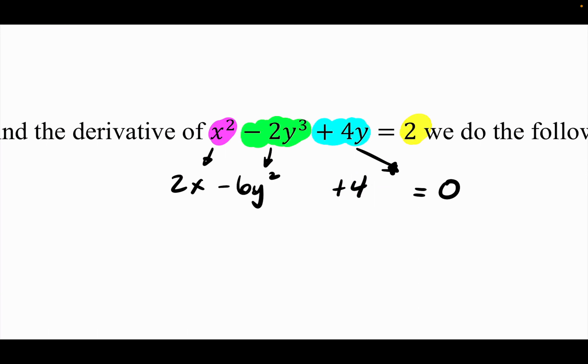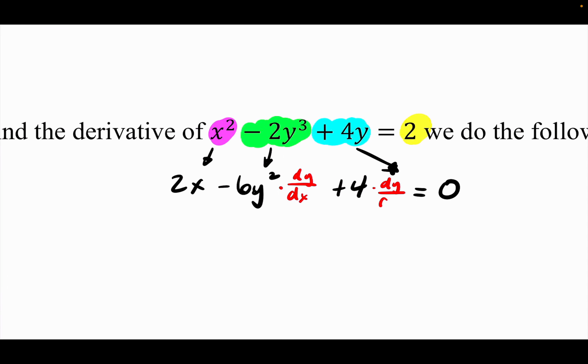With some modifications. Here's the first modification. Anytime you're finding the derivative of y or something other than x, you have to give it a little tag. What is that tag? It's dy over dx.